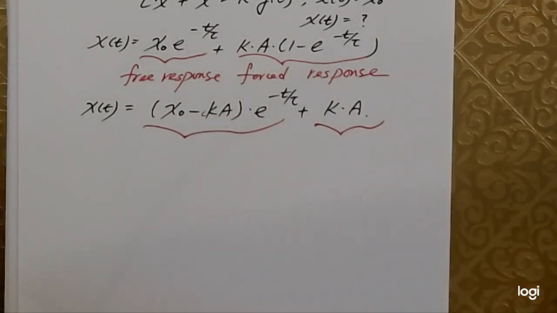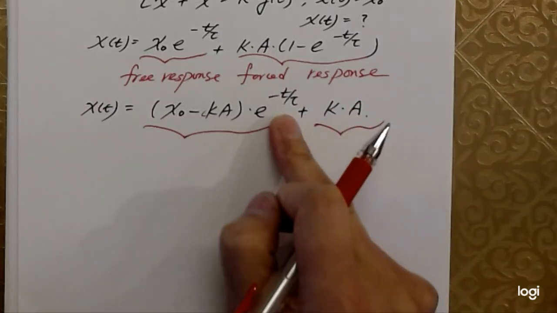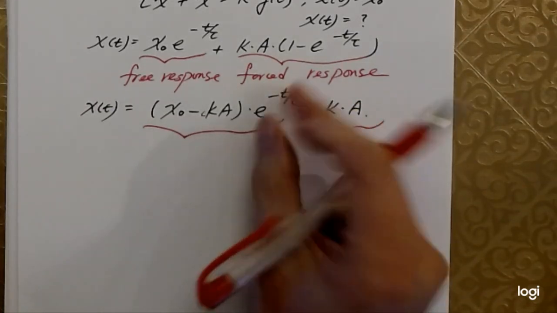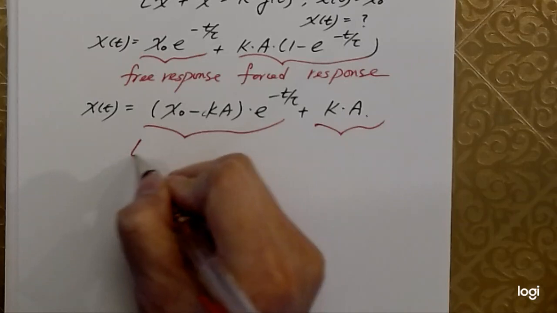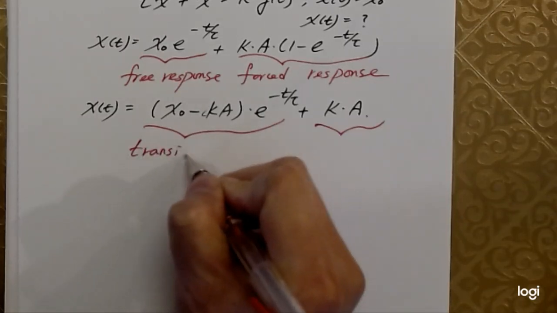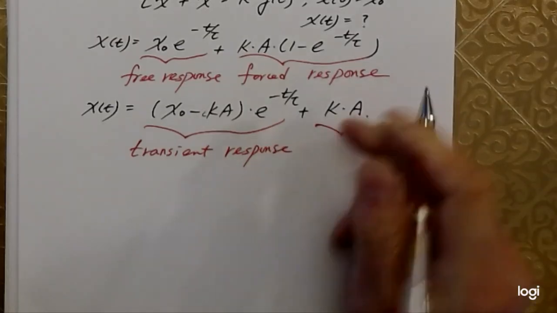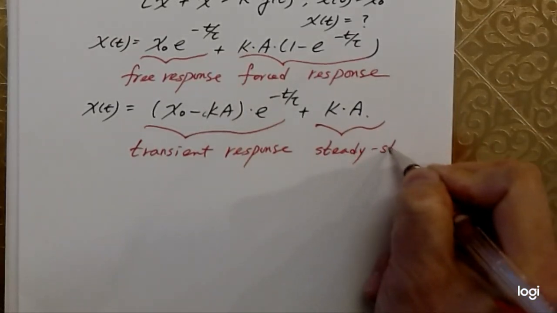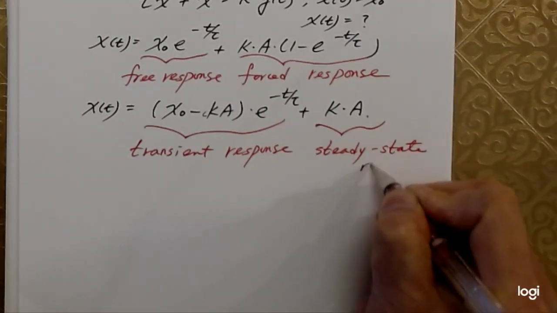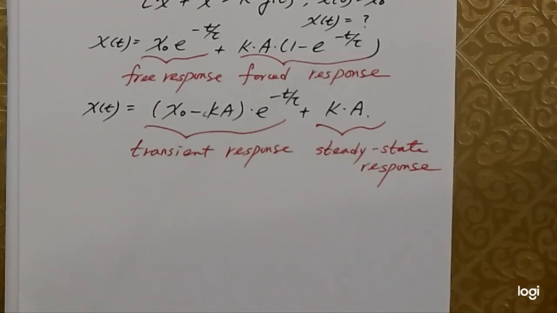When time goes to infinity, this term goes away because of the exponential. So we call this the transient response. This one is the steady state response.